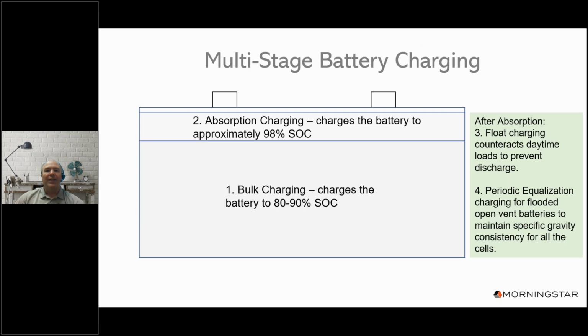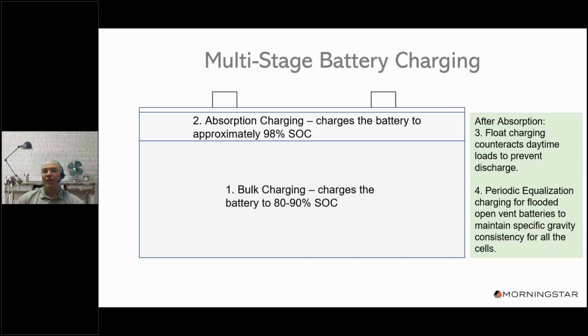All right, this graphic illustrates the Morningstar controller's multi-stage battery charging process. The first stage is bulk charging, delivering maximum allowable current into the battery to bring it up to a state of charge of about 80 to 90%. During bulk charging, the battery's voltage increases to about 14.5 volts for a nominal 12-volt battery.